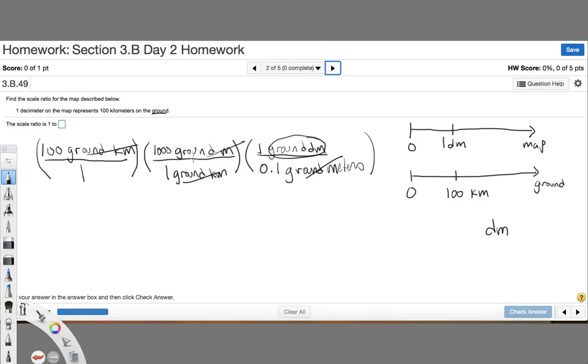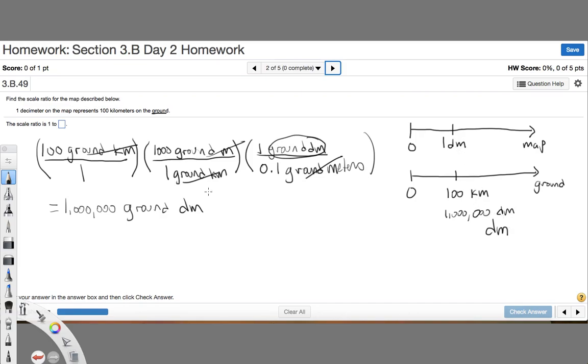If you multiply and divide and do all this jazz, you will find that this equals 1 million ground decimeters. So this 100 ground kilometers is 1 million decimeters on the ground.